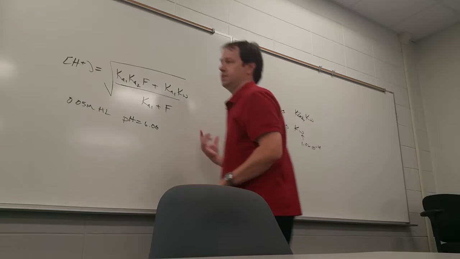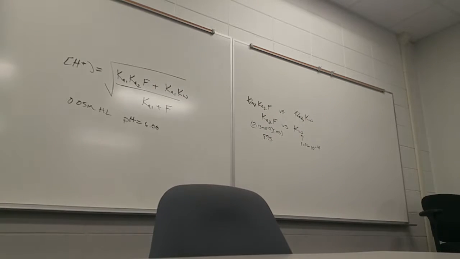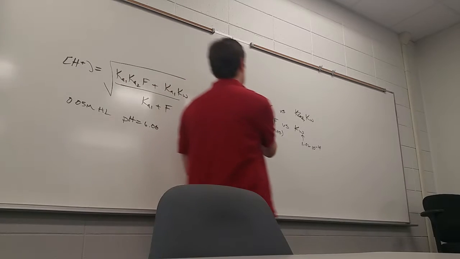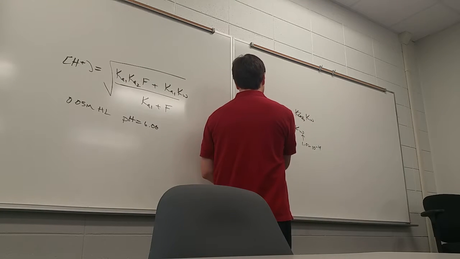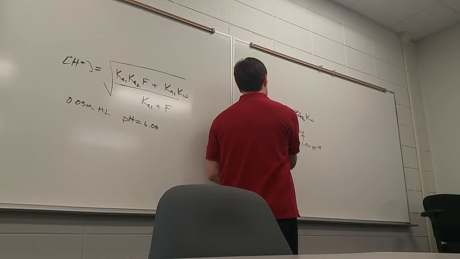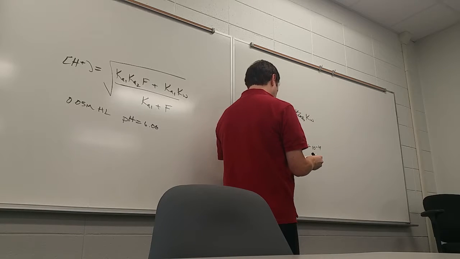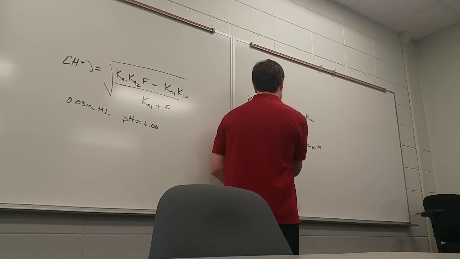That's not the right number. That's Kb2, sorry. I have all pushing my notes here. So Ka2 is 1.8 times 10 to the minus 10. Okay, that makes more sense. Sorry about that. 1.8 times 10 to the minus 10th times 0.05 comes out to about 8.9 times 10 to the minus 12.